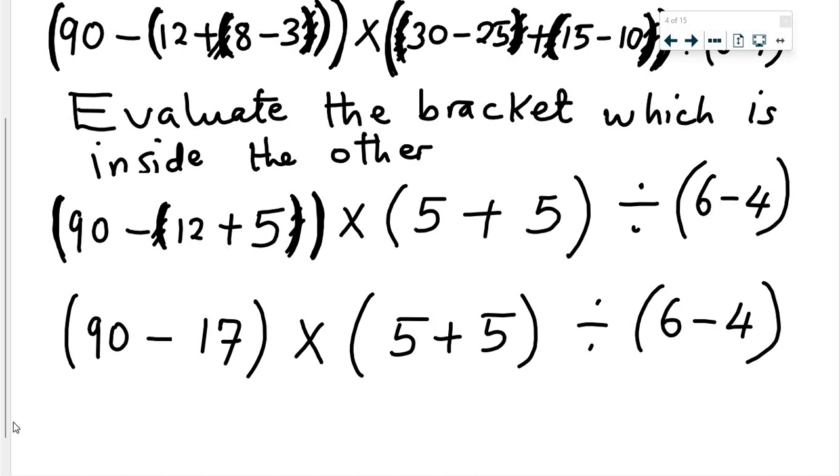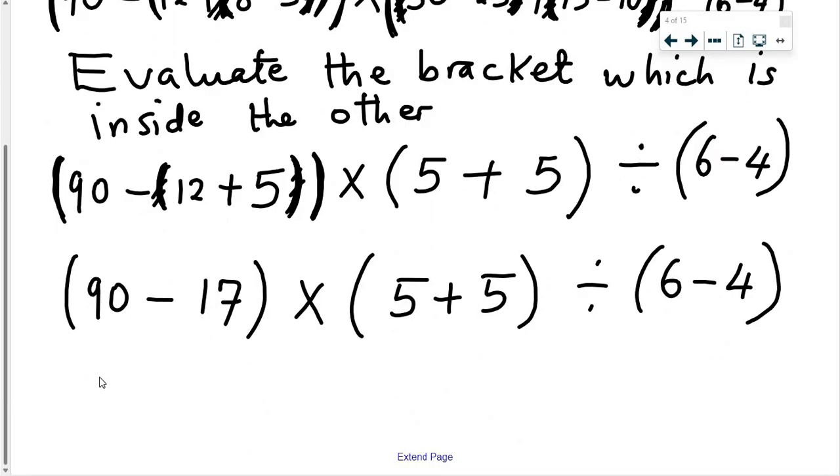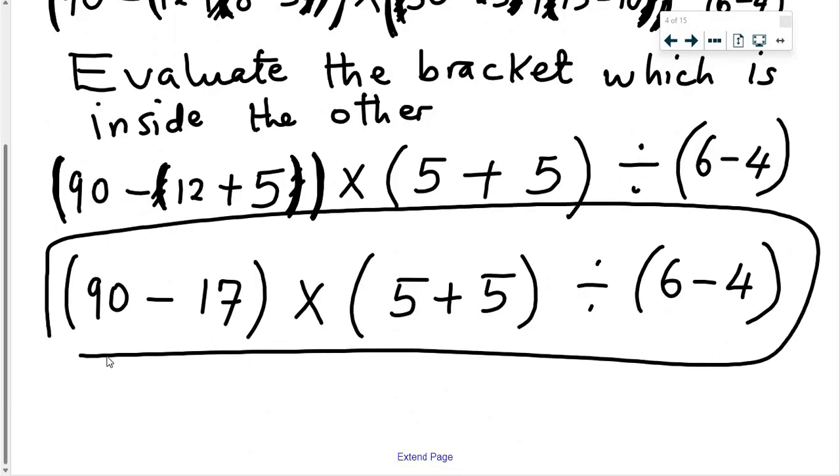So you can see that before we had too many brackets. Now step by step has given us this step here, where there is no bracket which is inside the other. So every bracket here is independent of the other.